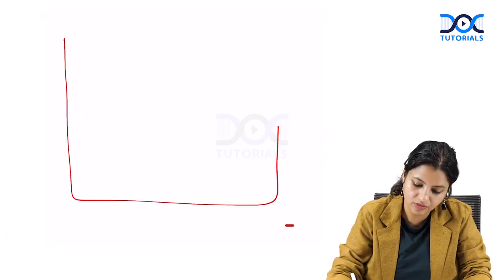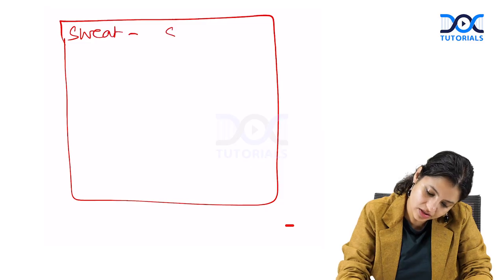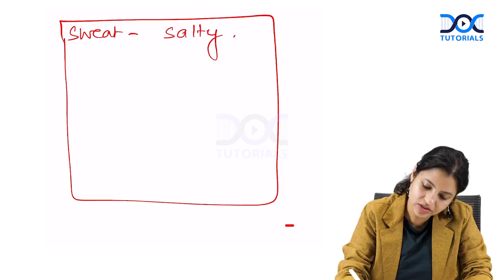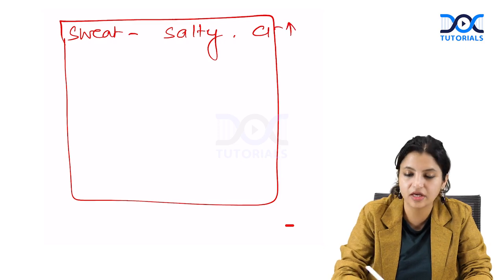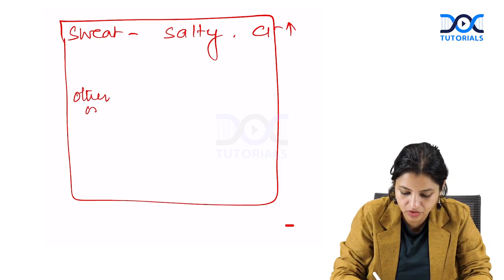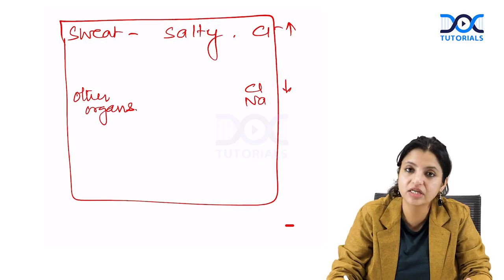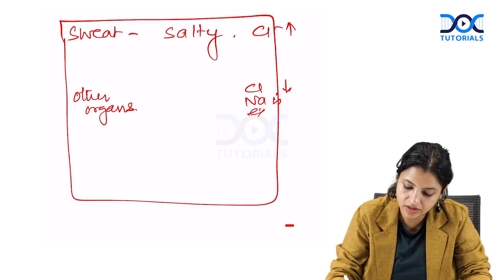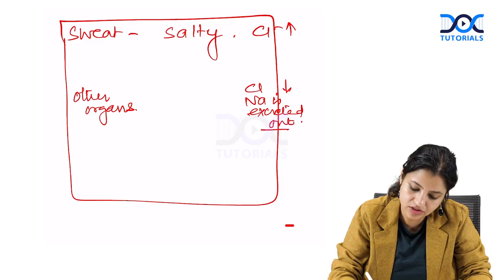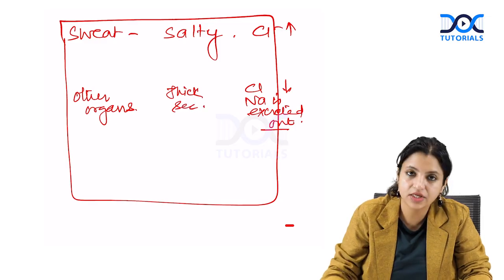So can I remember it in that way? In a block if I'm drawing, sweat is salty, chloride is high in the sweat. In the other organs, especially the bronchus, the chloride is less, the sodium is excreted out, so there are thick secretions.